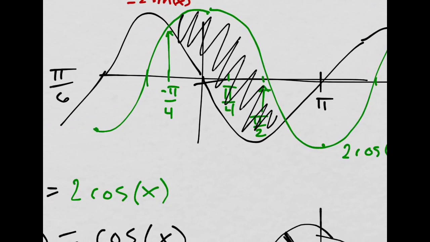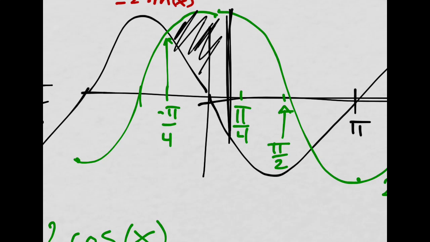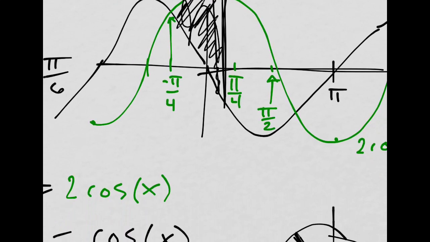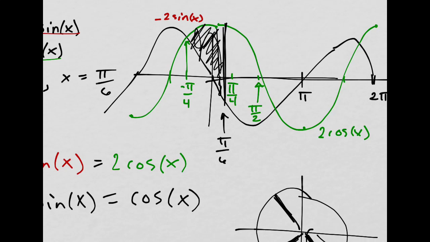Smaller than pi over 4? So we're actually looking for this area. Because they don't intersect, I don't need to solve for anything. I just stop at pi over 6. And I know that pi over 6 is smaller than pi over 4. So that's where I put it. We okay with that? So now I can do the integral.